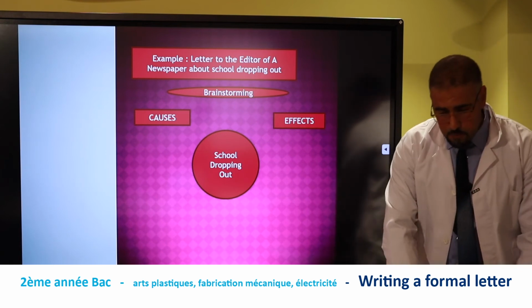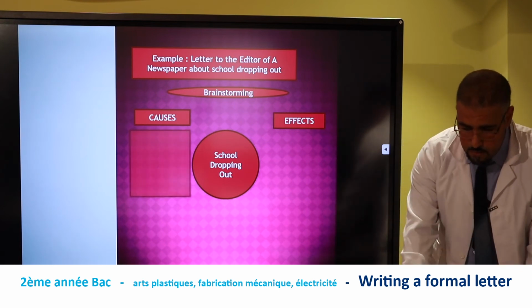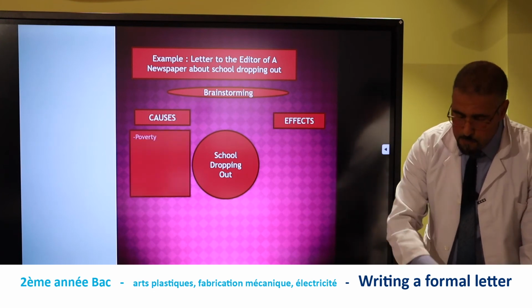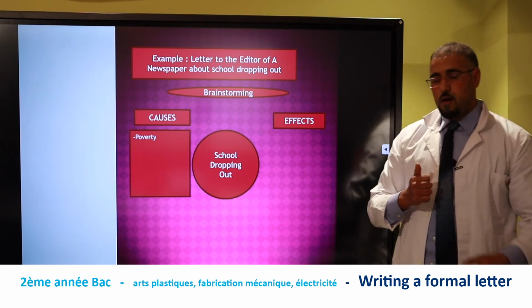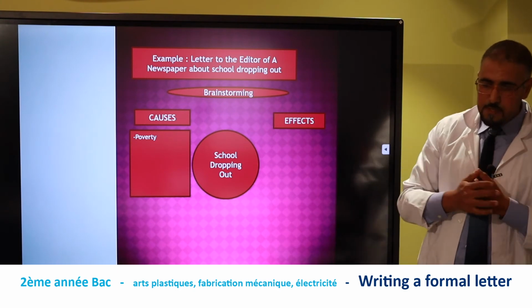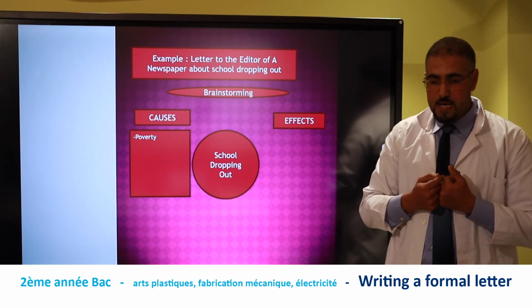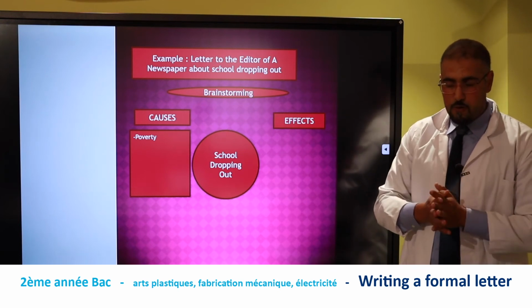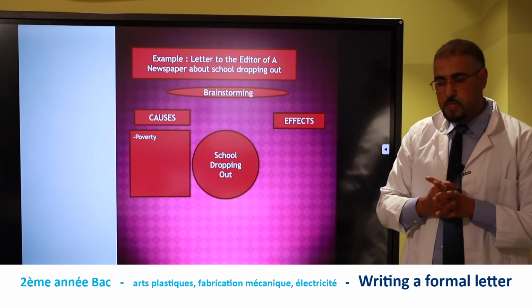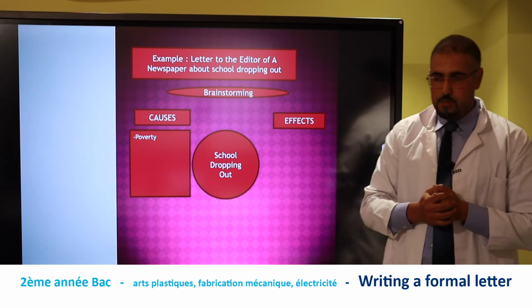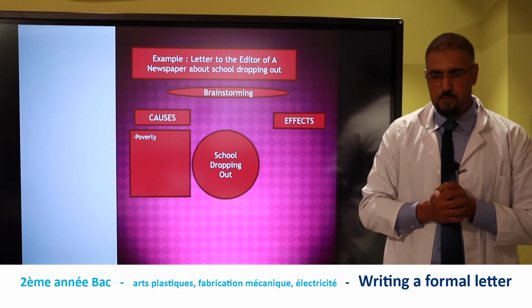Good. Now, for causes, we have poverty. Many students cannot finish their schooling. Why? Because they don't have enough money to cater for schooling, especially if the family has lots of members.